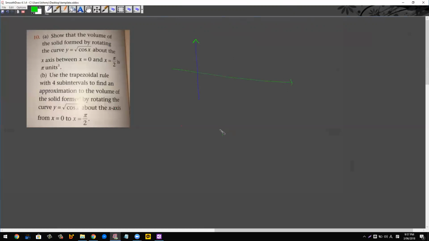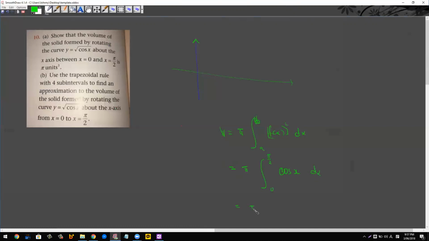The formula for volume is pi integral from a to b, and the function must be squared. So the answer is pi times the integral from 0 to pi on 2, and this is just cosine of x, because it's a root of cosine x squared. The square cancels out.